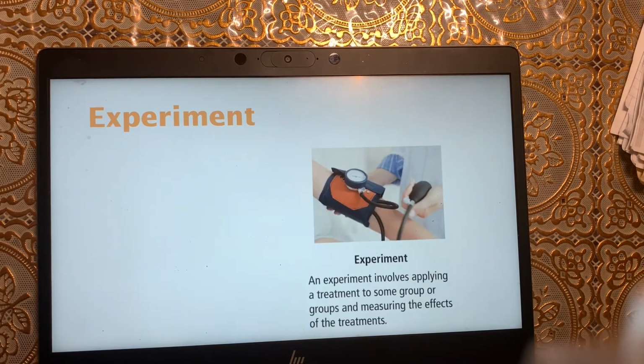The second type is experiment. An experiment involves applying a treatment to some group or groups and measuring the effects of the treatments. So you differentiate the sample you are going to experiment on. For instance, does music help students do better in class?